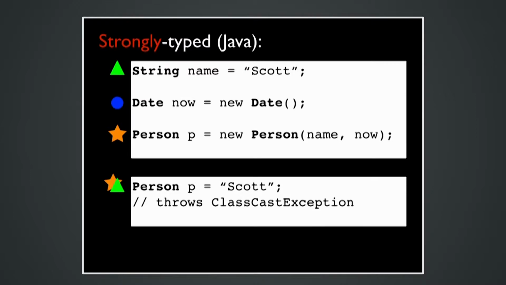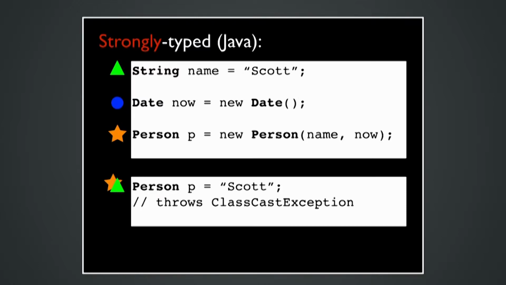So we can see that as I move through Java and I'm declaring variables, I have string-shaped variables, I have date-shaped variables, I have person-shaped variables. And in fact, when I try to put string-shaped data in a person-shaped variable, I get the lovely class cast exception. You put the wrong shaped data in this particular variable.